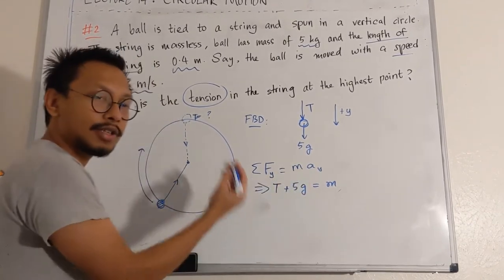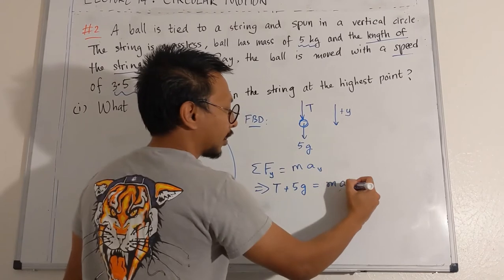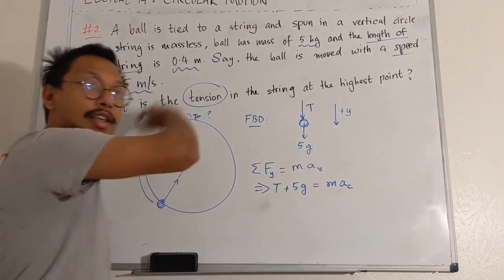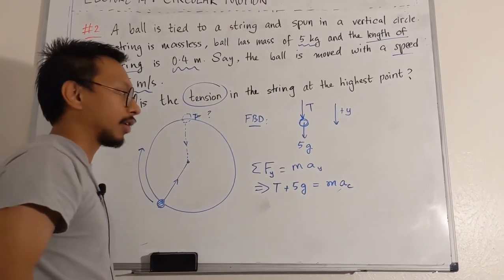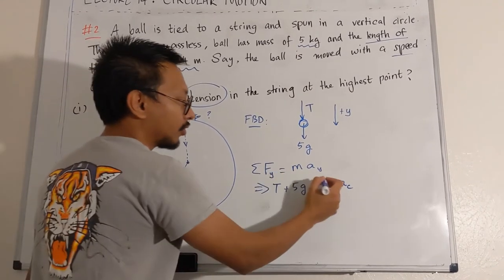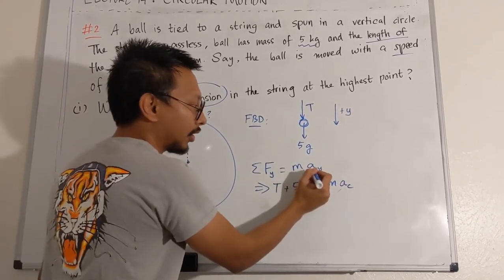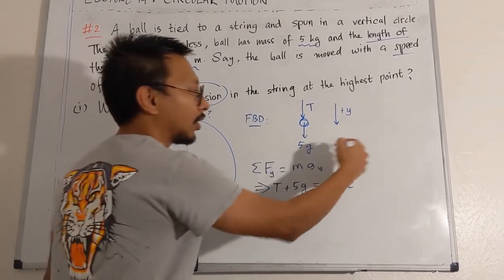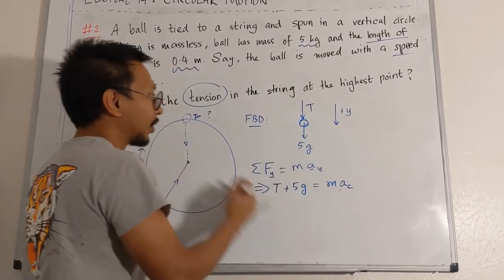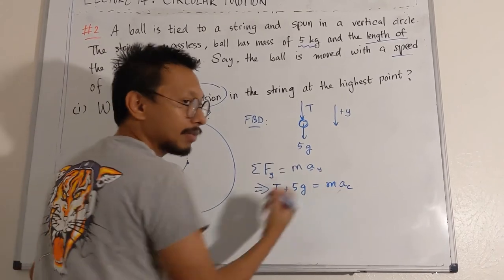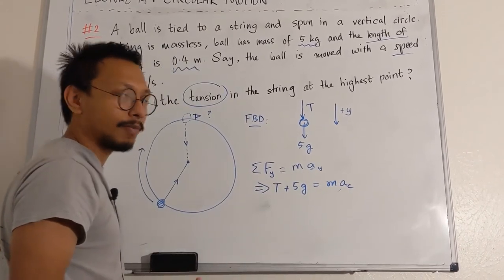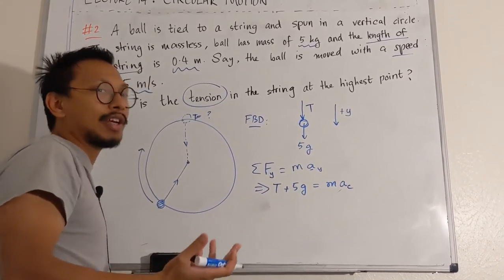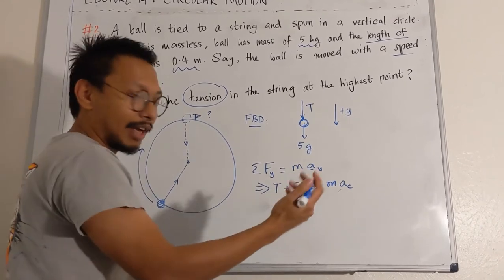So, any center-seeking acceleration would be centripetal acceleration, and anything moving in a circle will have a centripetal acceleration. Okay, so this is how Newton's law changes for circular motion. The acceleration that we knew as the resultant acceleration may be in the x direction or the y direction. For circular motion, this becomes centripetal acceleration. There's not a new acceleration, it's just how we name it and how it's directed.